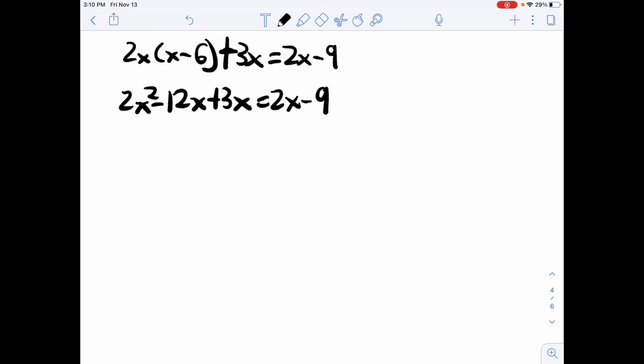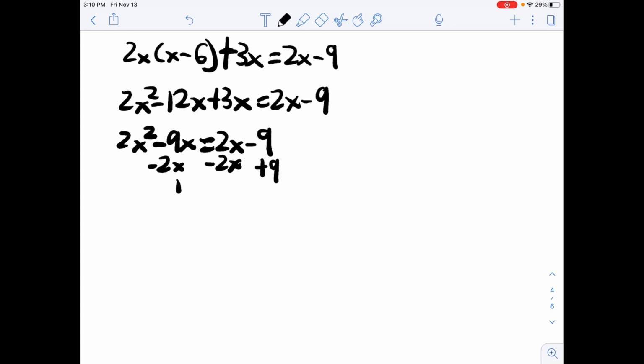So we get 2x squared minus 9x equals 2x minus 9. And like before, we're going to move everything on the right side to the left side of the equation so that the right side equals 0. So subtract 2x from both sides, add 9 to both sides, so you get 2x squared minus 11x plus 9 equals 0.